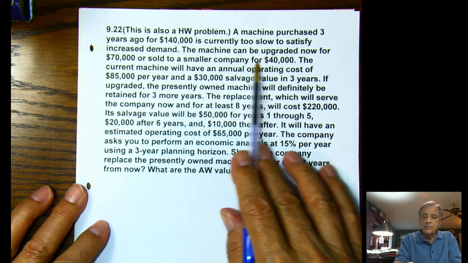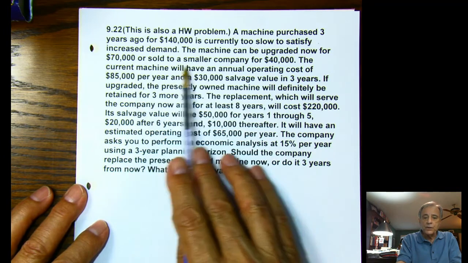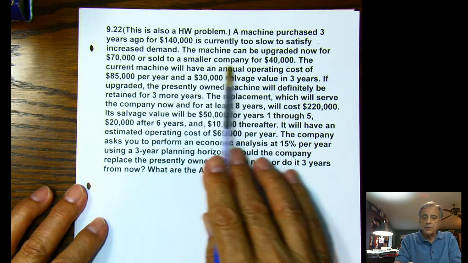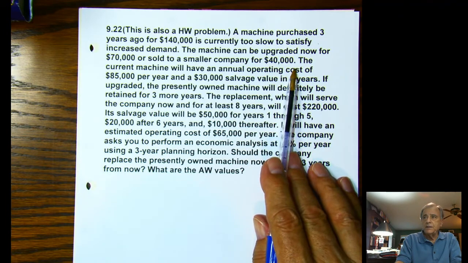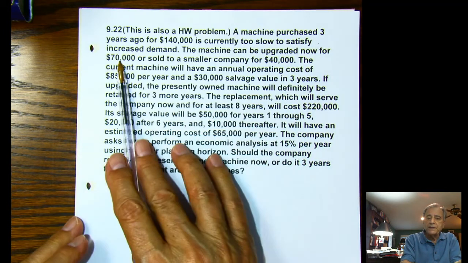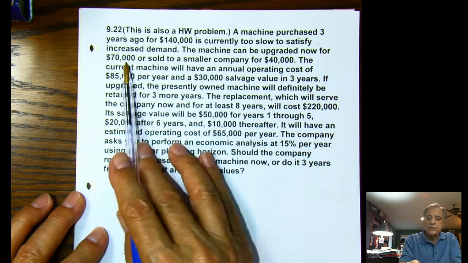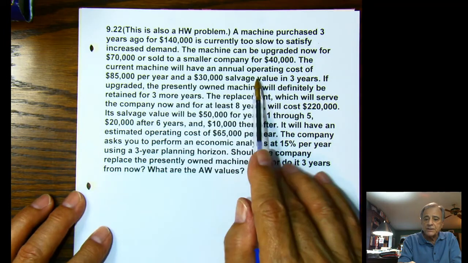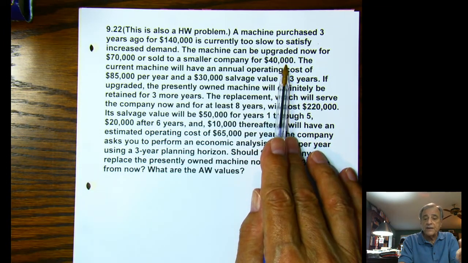The machine can be upgraded for $70,000 or sold to a smaller company for $40,000. Now, if you keep this machine, then you're foregoing $40,000 in revenue and you're spending $70,000 in cost. So the cost to you is really $110,000, because this is the current market value, which is what we said is the present value of the current machine.